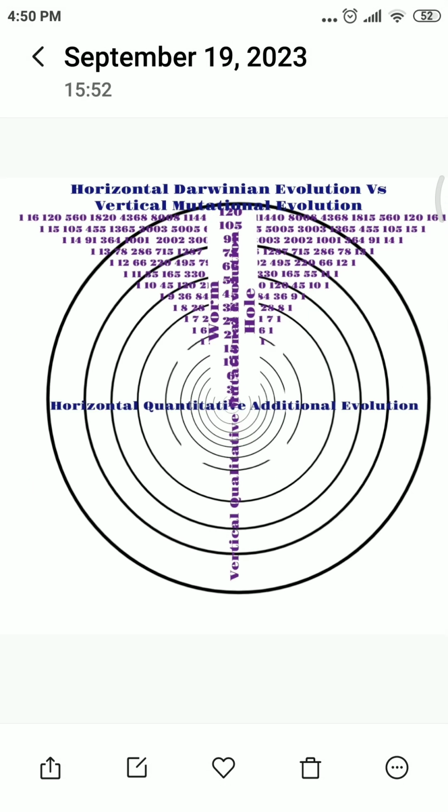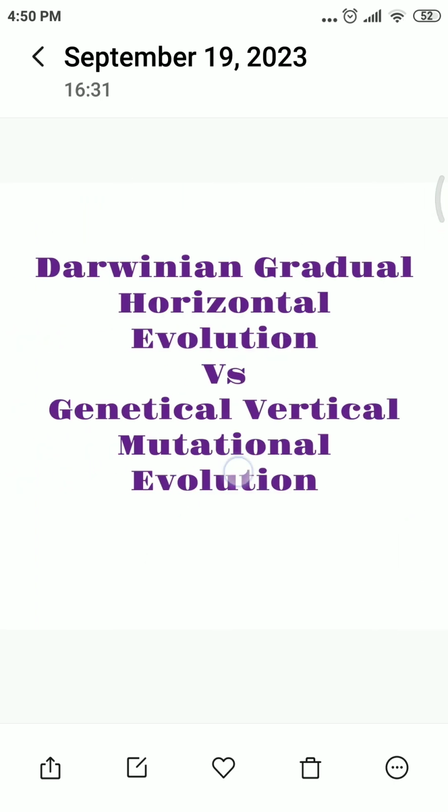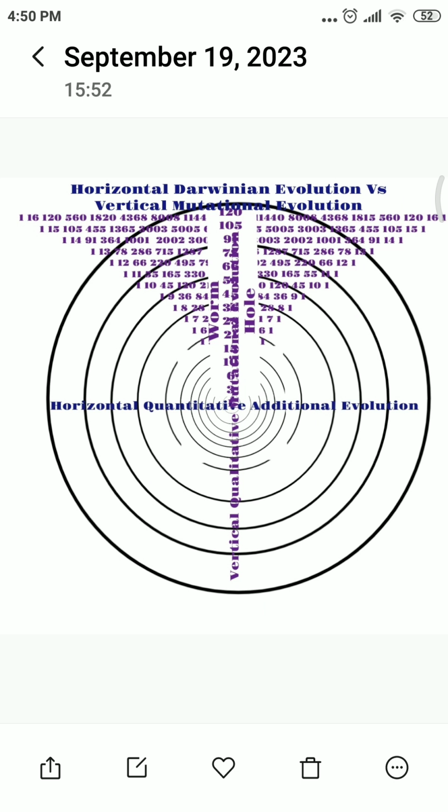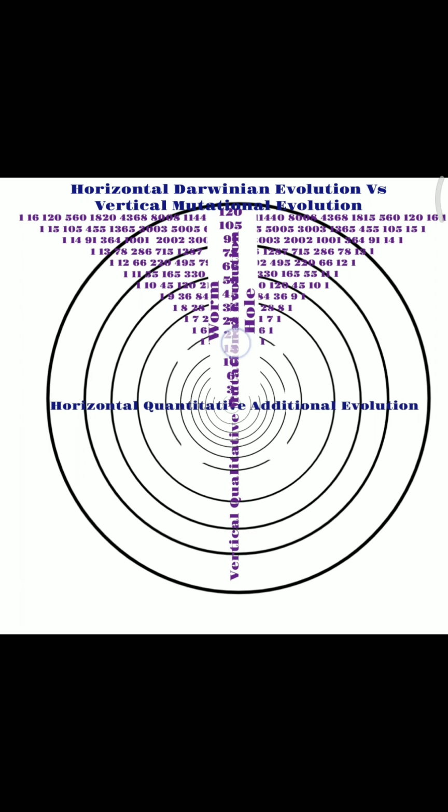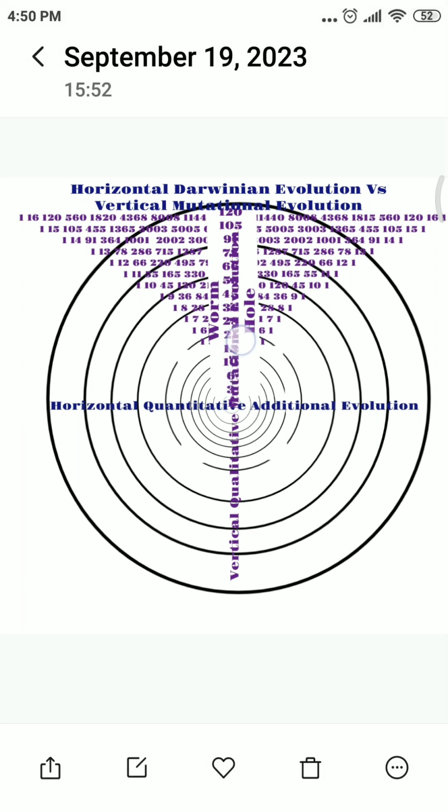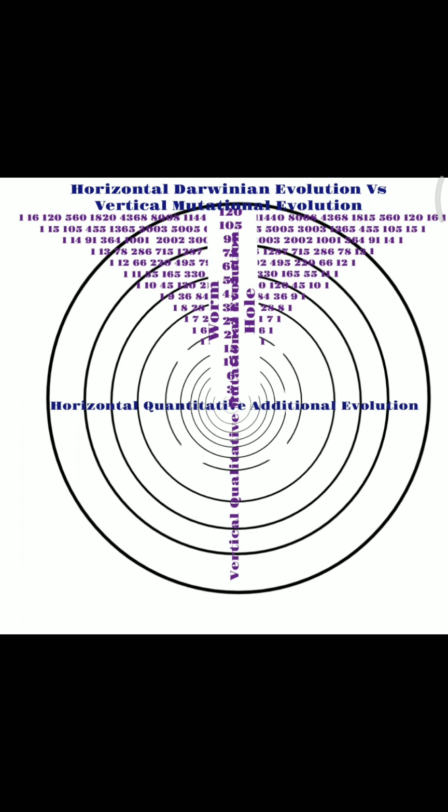All the religions support this kind of evolution, in the sense that as long as you remain in the same circle, the same row, Darwinian kind of gradual evolution takes place. But if you want to climb the stairs, to ascend further, to upgrade or genetically improve, then you have to take this vertical path.